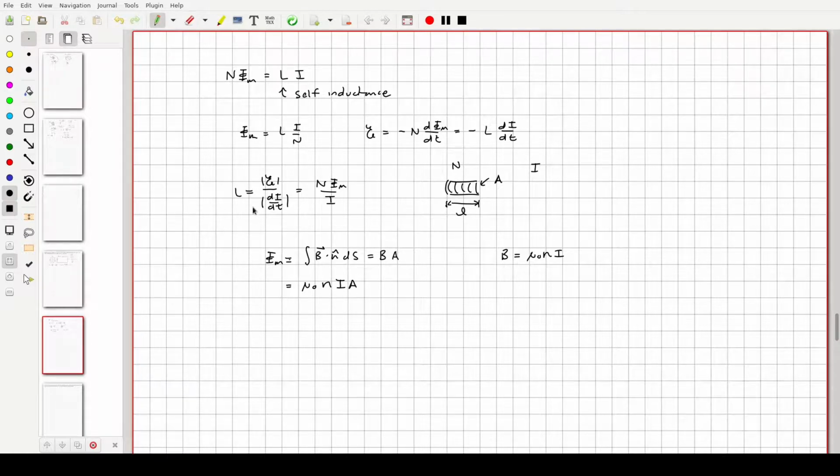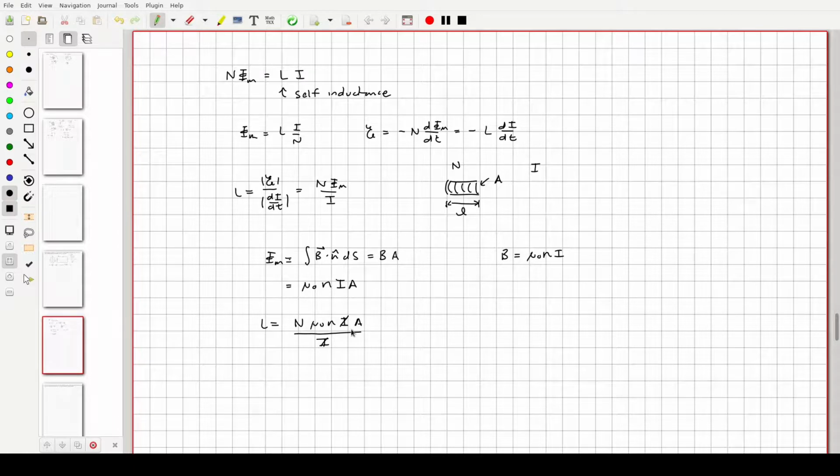Now I can take this and plug it into this for the inductance. When I do that, I have the number of turns, I have mu naught lowercase n I A over I, and the I cancels.